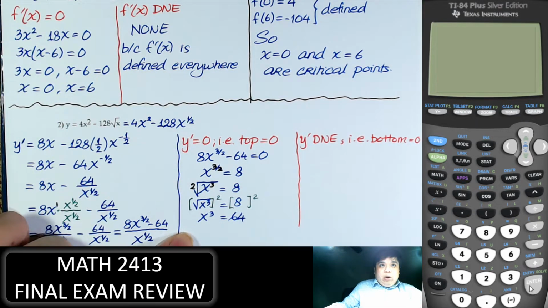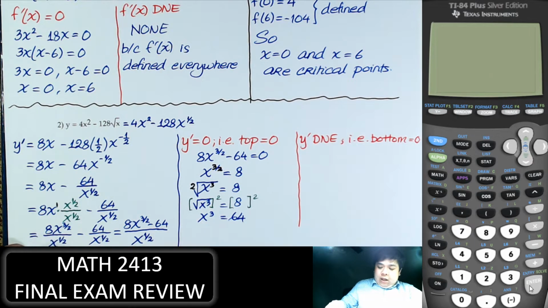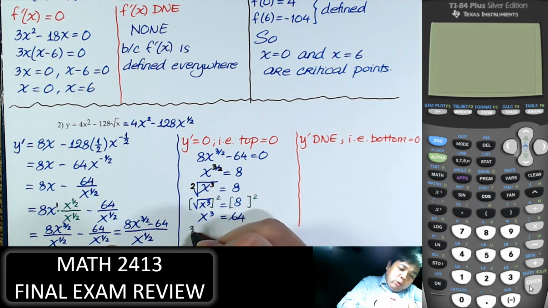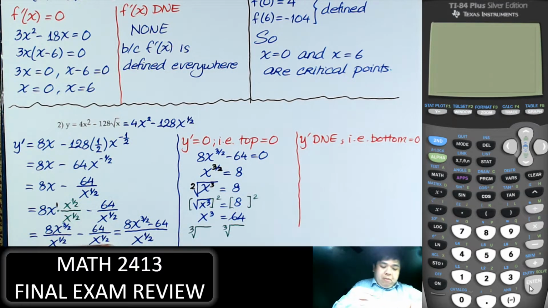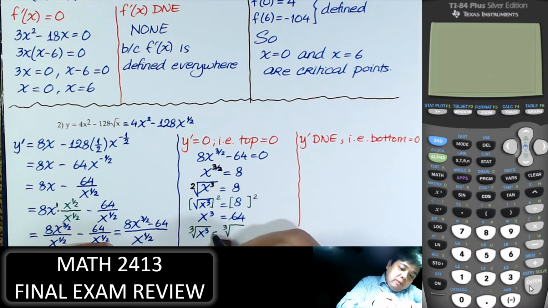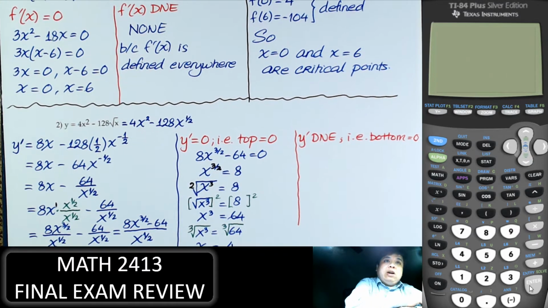And then we take the cube root on both sides to cancel the cube. When we take the cube root on both sides, we do not put plus or minus. If it is an even root, square root, fourth root, there will be plus or minus. So that gives us x, and the cube root of 64 is 4. So we have x equal to 4.